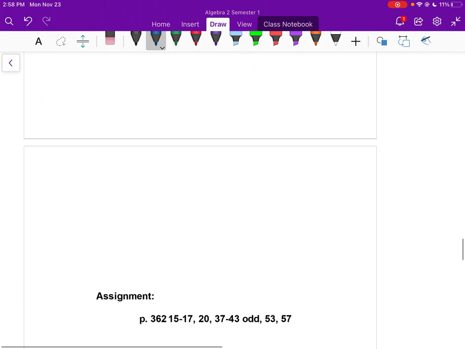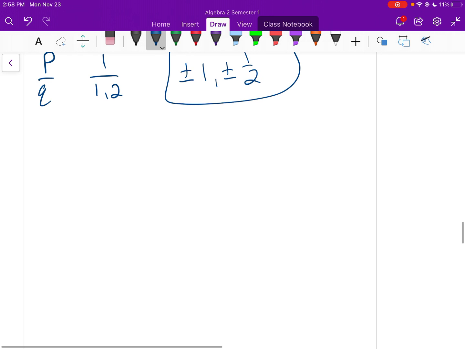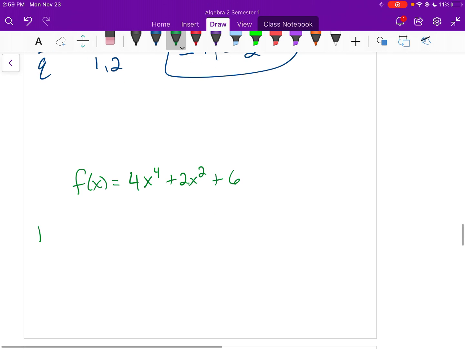All right. Let's do one more. Let's do f of x equals 4x to the 4th plus 2x squared plus 6. So again, P over Q. P is my factors of the constant. So 1, 2, 3, and 6.